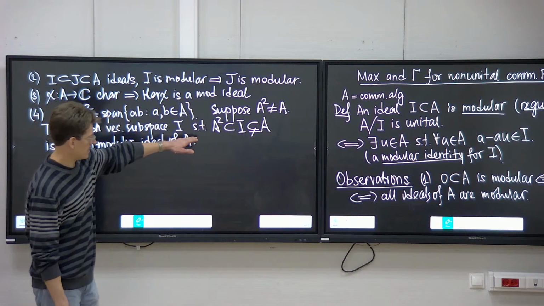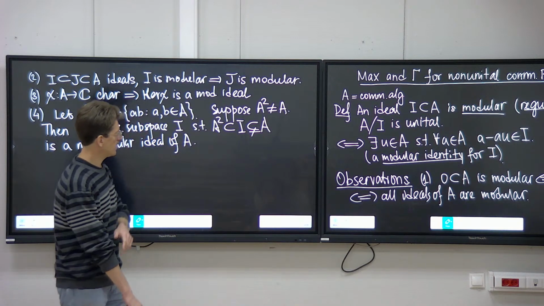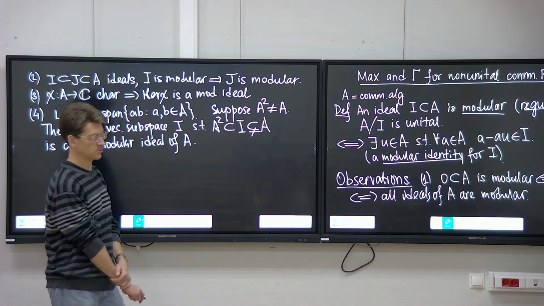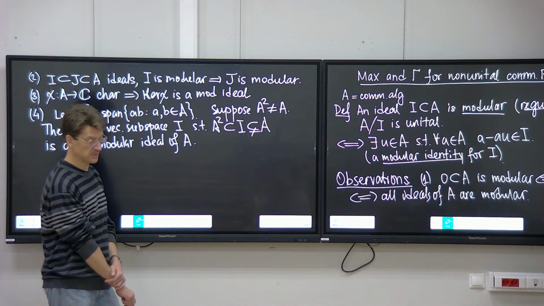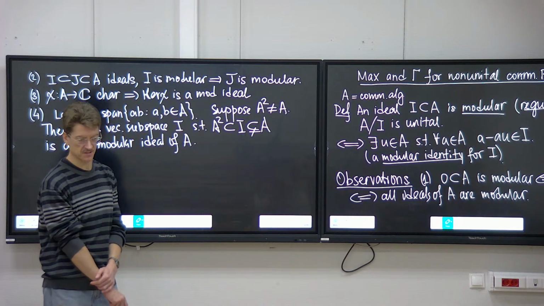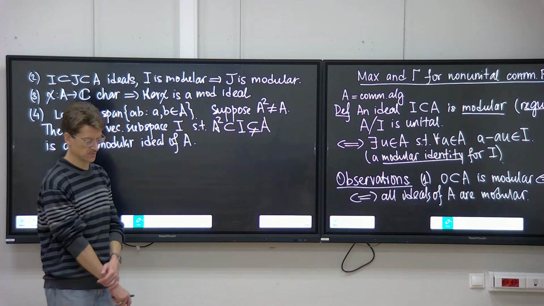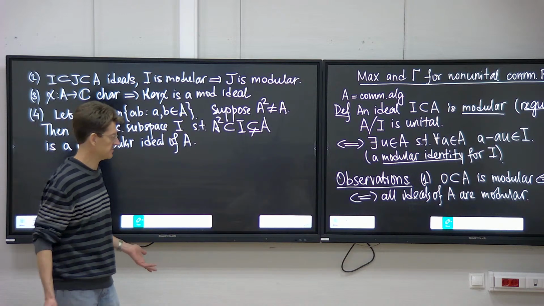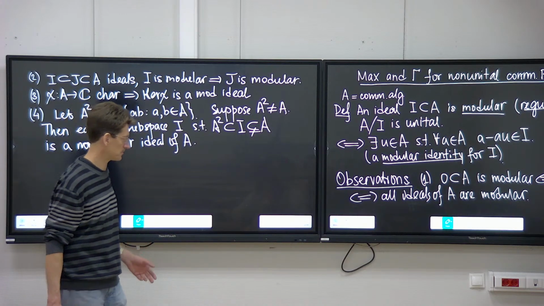Indeed, if we look at this chain, we see that the multiplication in the quotient of A modulo I is identically 0. So this is a non-zero algebra with trivial multiplication. Clearly it is not unital.